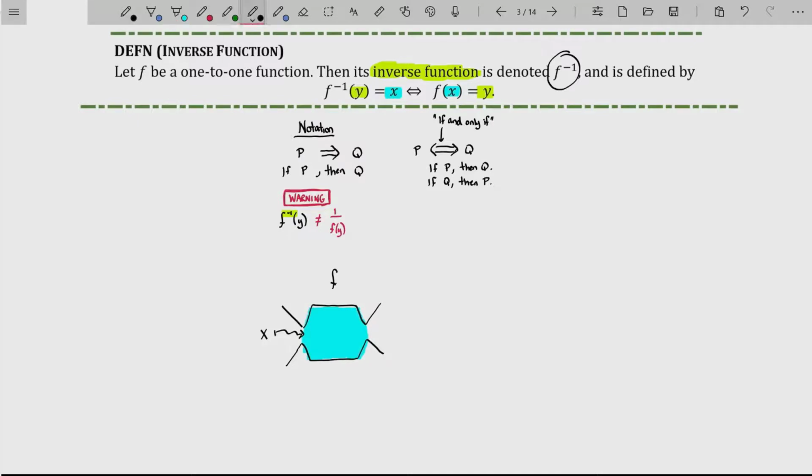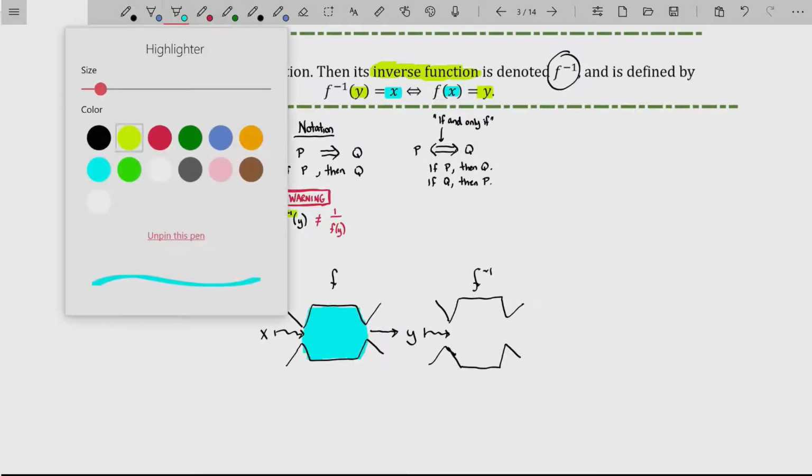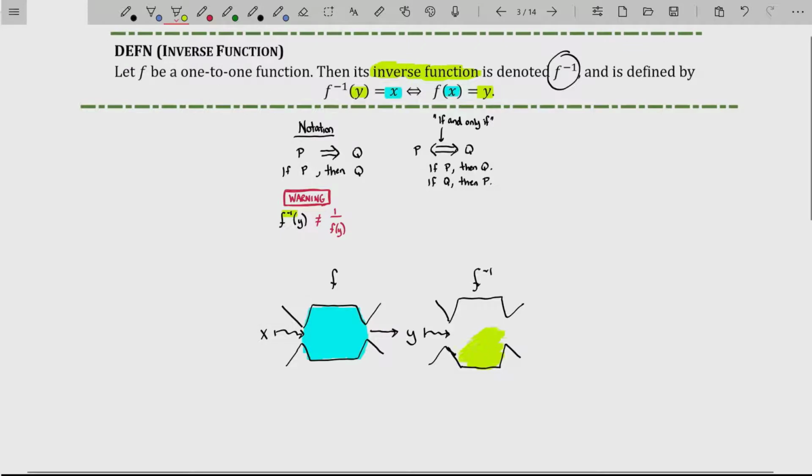You just don't know. But out pops a value of y. The inverse function is another machine that will take as its input that output, that value of y. Again, there's some type of manipulation done on the inside. We don't know. And then out pops the original value of x.